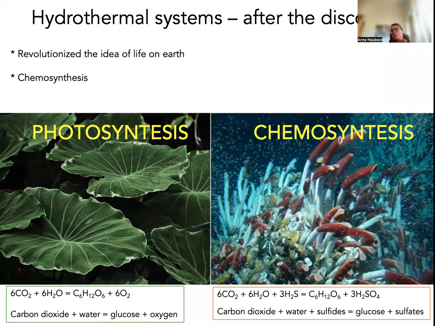Chemosynthesis had been discovered before in the laboratory by a Russian researcher called Sergei Nikolaevich Vinogradsky, who had done experiments in the lab, and he could see that some microbes could use sulfur, iron, and nitrogen to live totally detached from photosynthetic life, or detached from photosynthesis. But it wasn't until the discovery of the hydrothermal vent systems in 1977 that chemosynthesis was established properly as a new type of life.